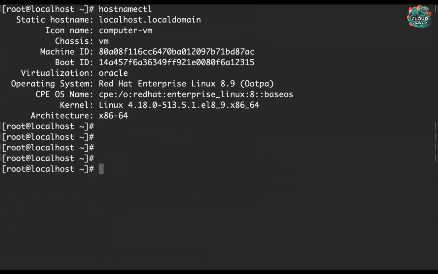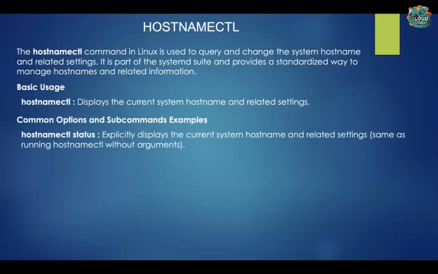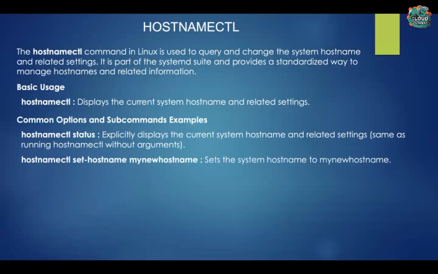You can see all this default information when you use it. And status is also the default option, so you can use either hostnamectl status or just hostnamectl. Both will show you the same information. So let's suppose you wanted to change the hostname.